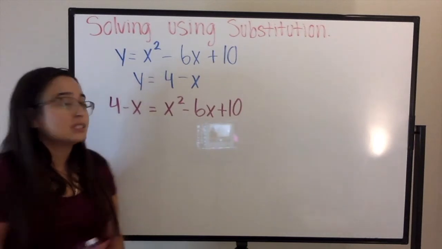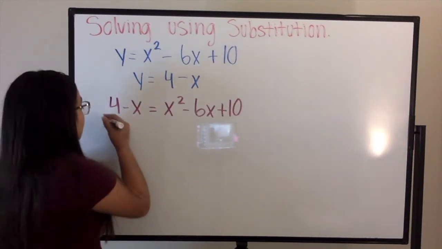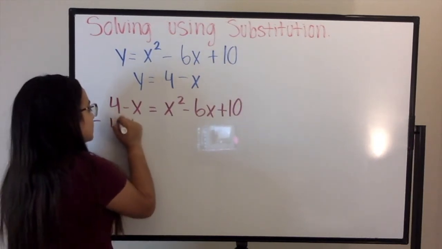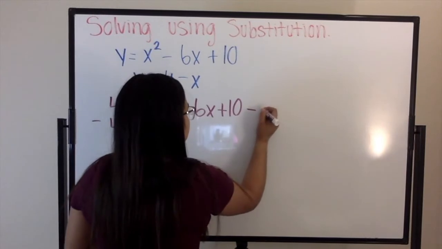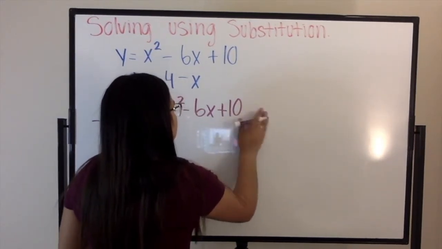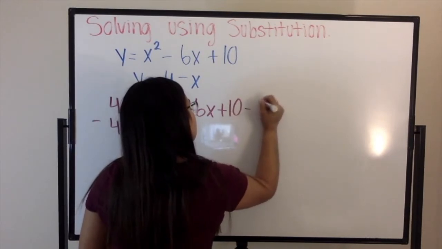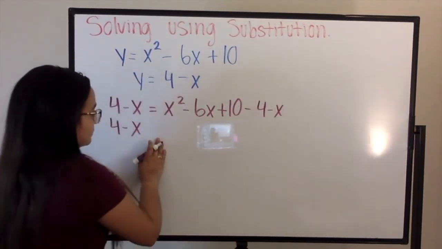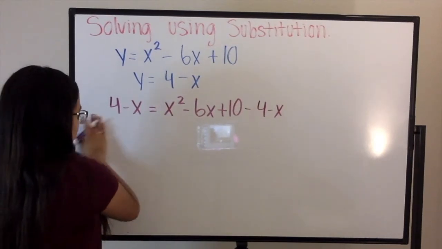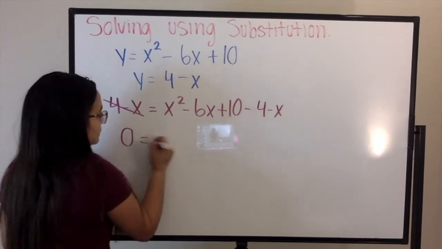Now, we want this to equal 0. So, we're going to subtract 4 minus x from both sides. That'll cancel out, give us 0.